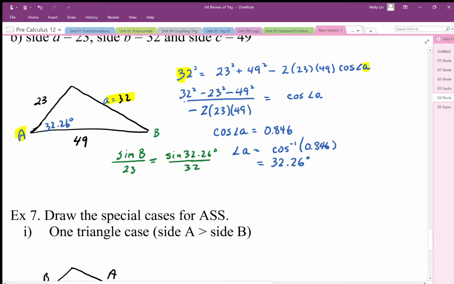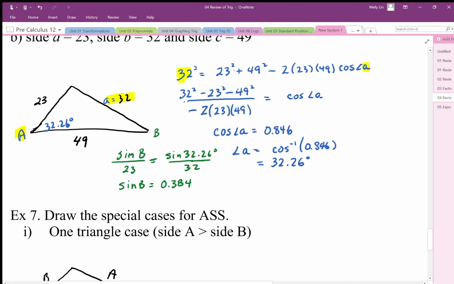Once I get a side and opposite angle pairing, I can go ahead and use sine law. So sine B, I'm going to end up with sine of 32.26 divided by 32 times 23. So I'm going to end up with 0.384 when I round that.